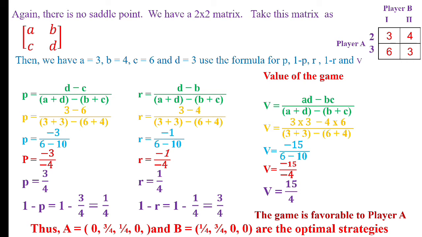The strategies will go to the second and third rows. Coming to the strategies of B, the first and second only will get the value. The remaining 2 will get 0. 3 and 4. So 1 by 4, 3 by 4, 0, 0 are the optimal strategies for player A and player B.